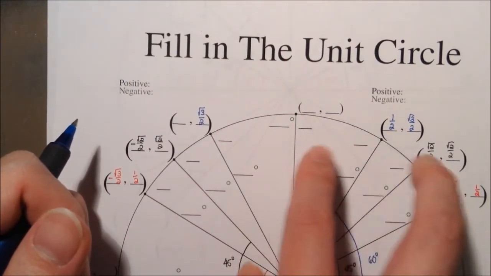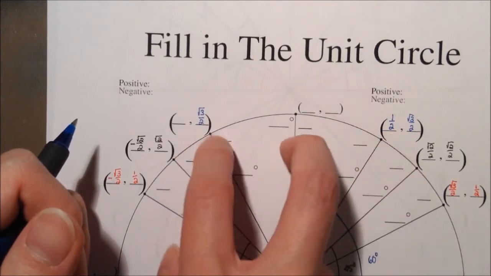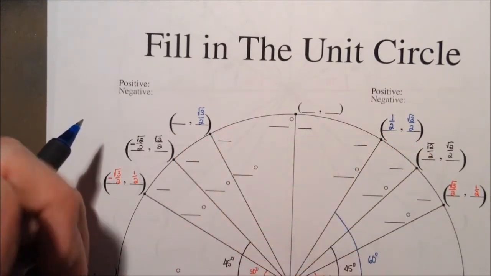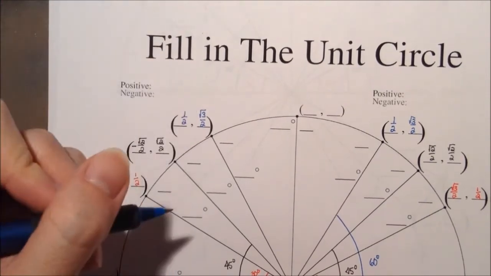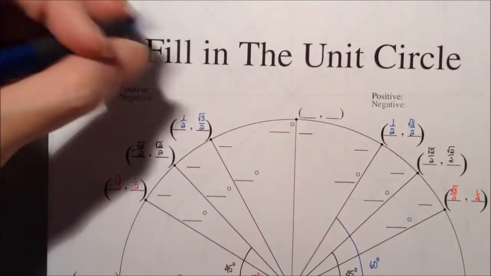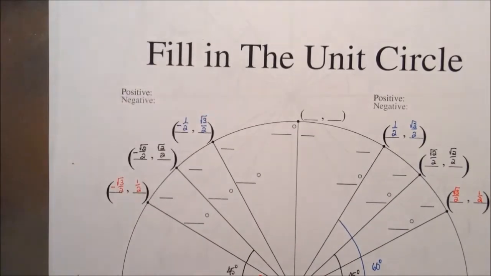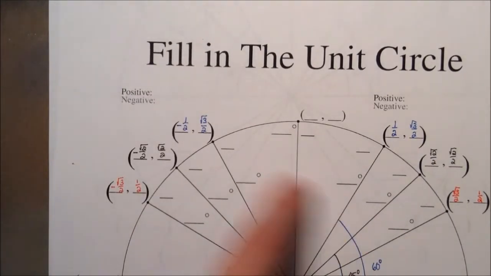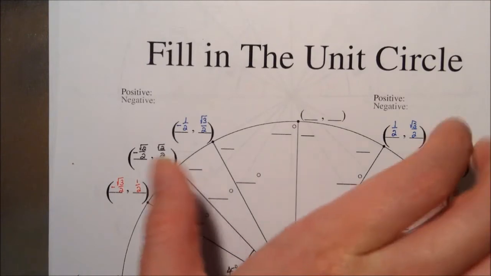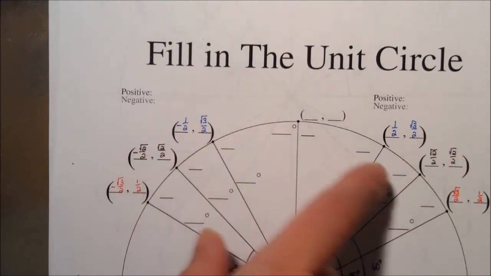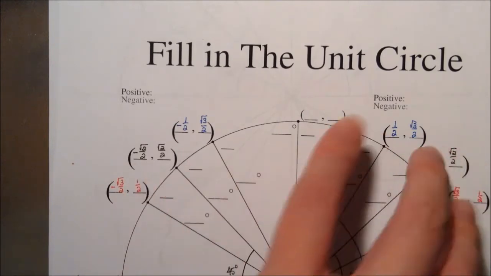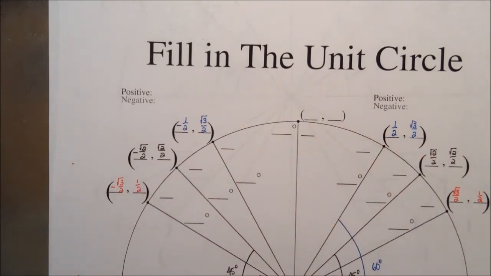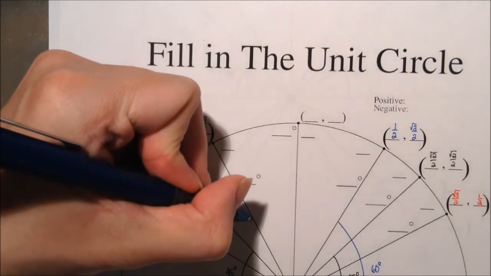And if it's the same horizontal distance from the center, then it will have the same x value, which is 1/2. But since it's on the left side, it would be negative. So here, if you were just given this picture, you can easily label your exact values if you know your quadrant 1. So this one is 60 degrees.